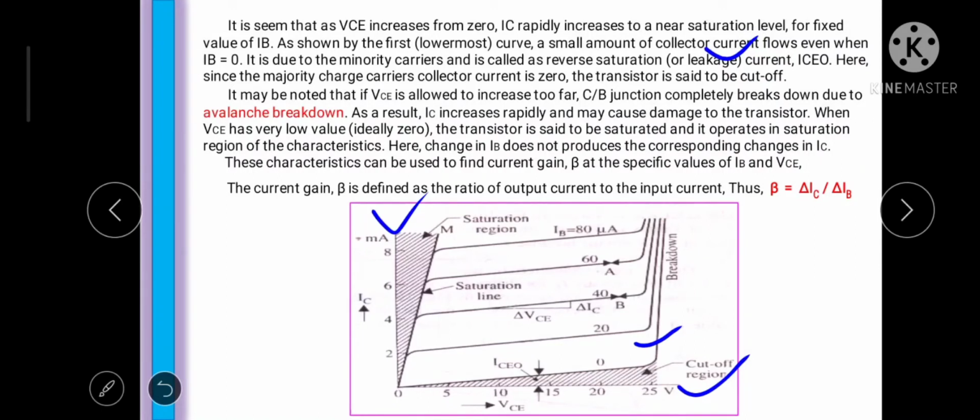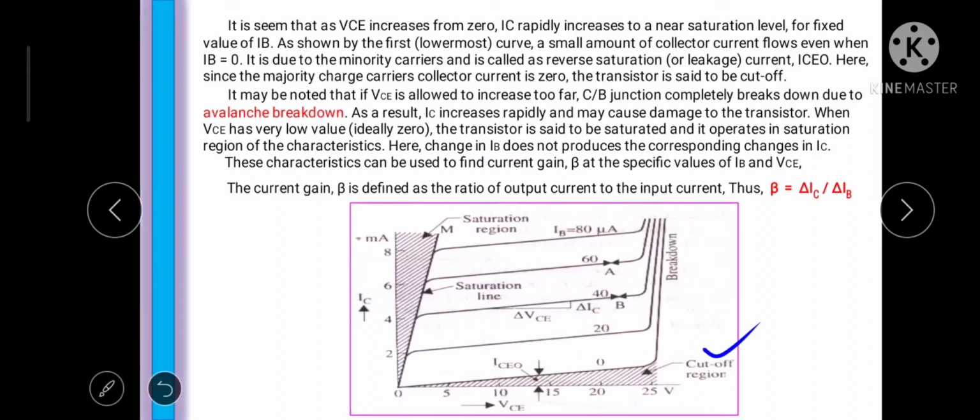Here, since the current due to majority charge carriers is 0, the transistor is said to be in cutoff region because this value is so small that it is likely to be a 0 value. That's why the transistor is called in cutoff state or cutoff region.